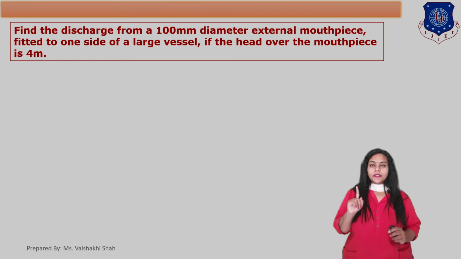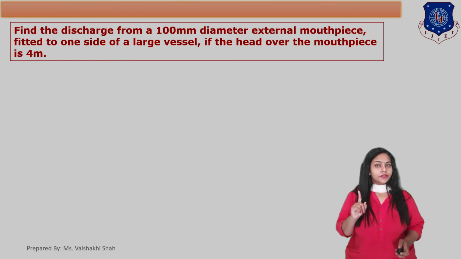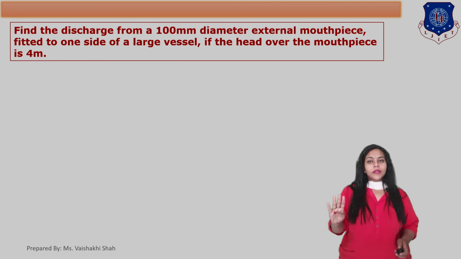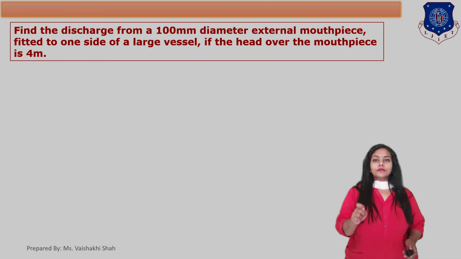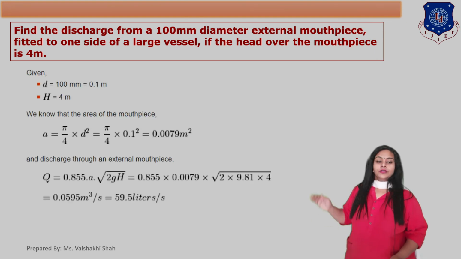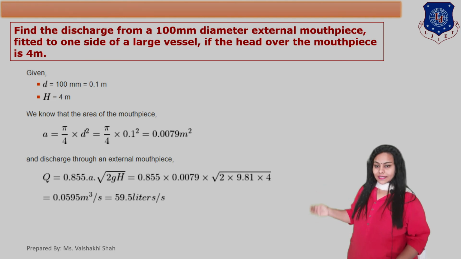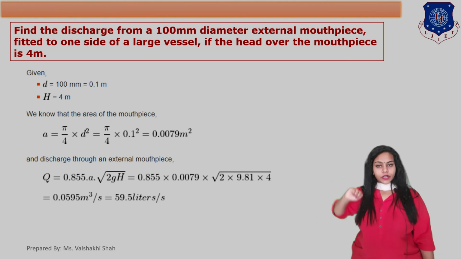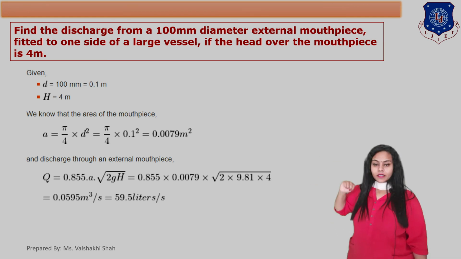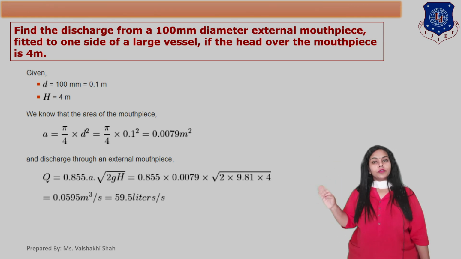So diameter small d is 100 mm and small h equals 4 meter. Now we know the equation Q equals CD into A into under root 2gh. In this example, diameter is 100 mm, which converted into meter is 0.1 meter. H equals 4 meter.